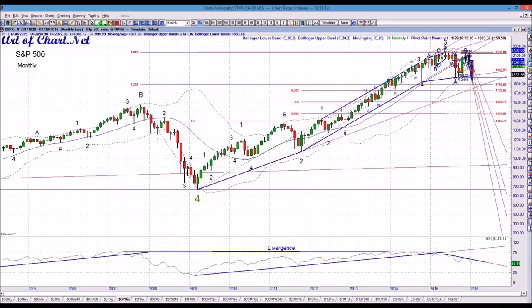Jack, you remember, we talked about this for like 6 months, okay? So Fibonacci's are very valuable, and you can see the 0.382, 0.5, and 0.618 on my chart here. We haven't hit the 0.382 yet, which is down here at 1790, and we're looking for that.